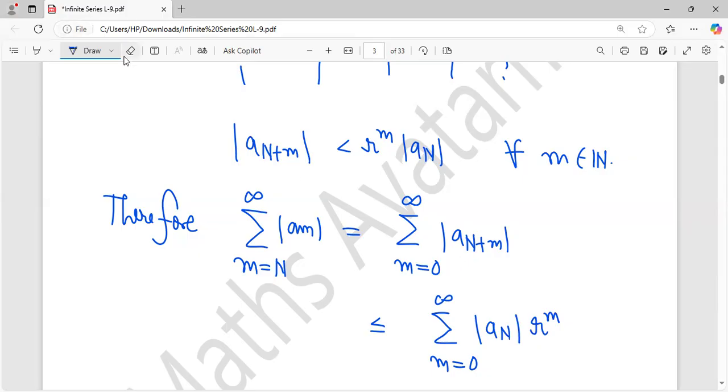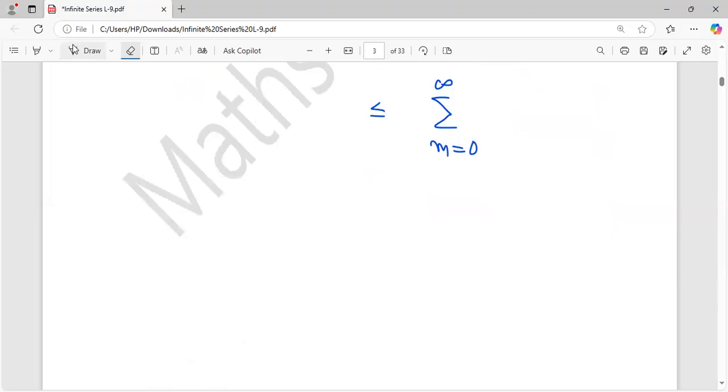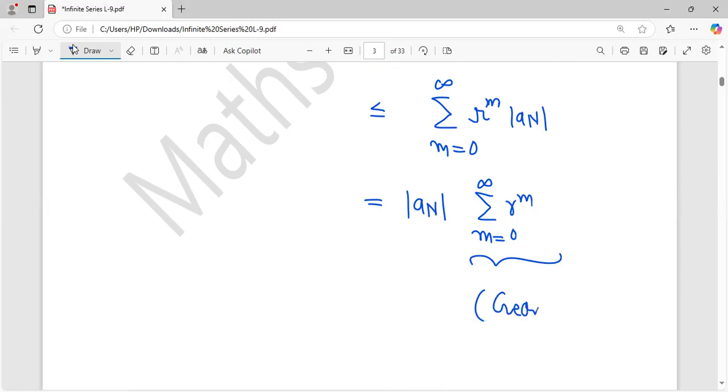Okay, so a_n will come out, leaving summation m goes from 0 to infinity of R^m. Now this is a geometric series with common ratio R less than 1. So this is convergent.